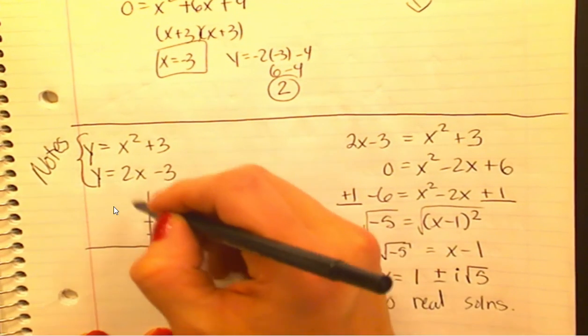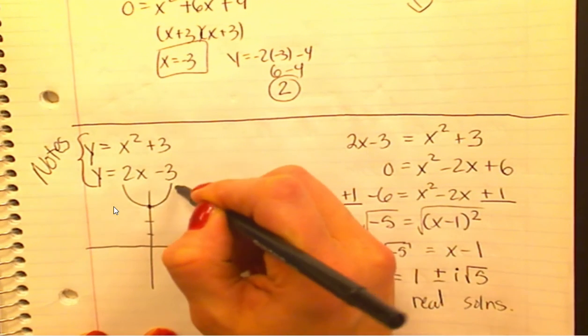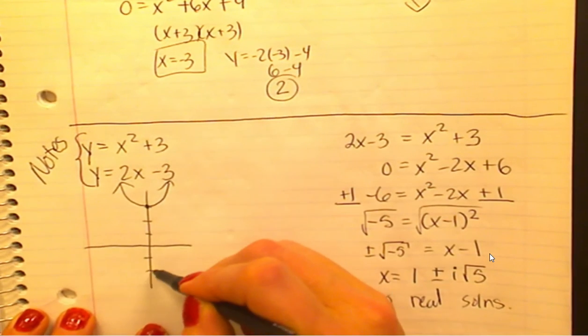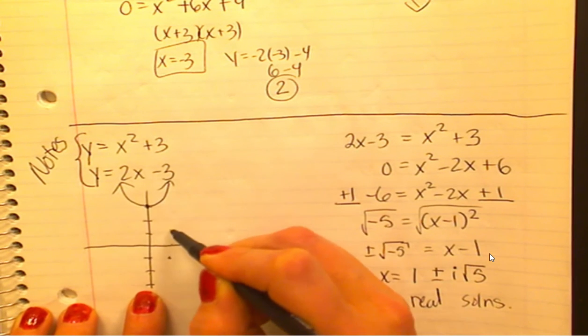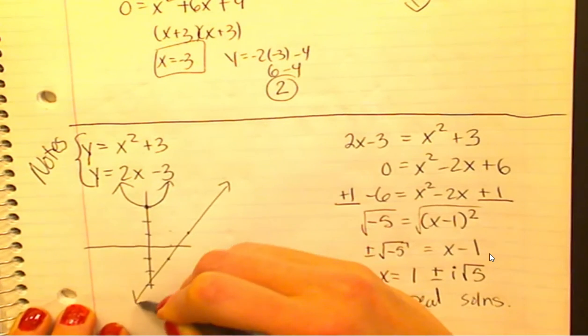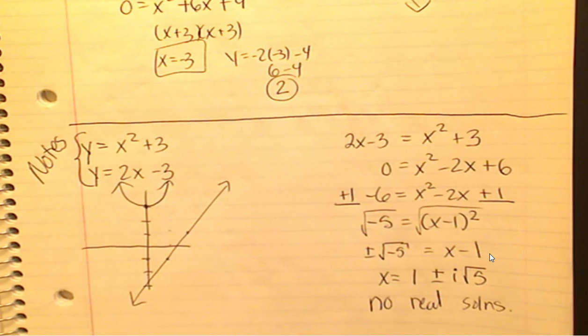1, 2, 3, opening up. 1, 2, 3 with a positive 2 slope. I think it seems reasonable to say these graphs do not intersect.